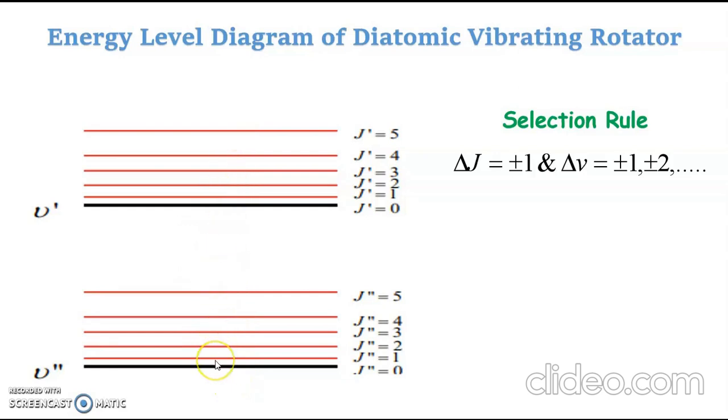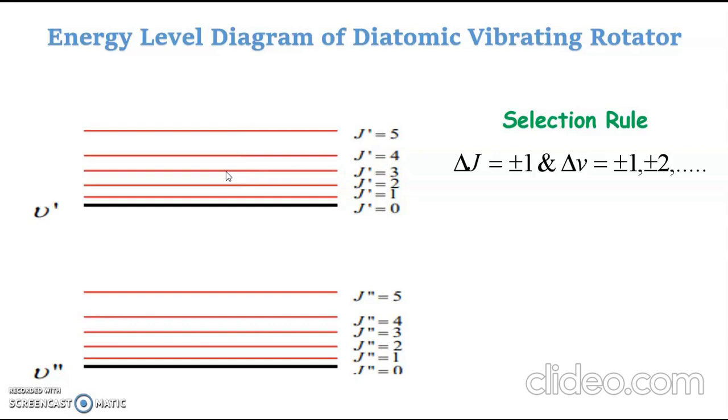So we are considering the two vibrational states only, the ground vibrational state and the first excited vibrational level, where you can see different rotational energy levels in each case. The rotational levels are filled to varying degrees of population since they have a smaller energy gap compared to vibrational levels.